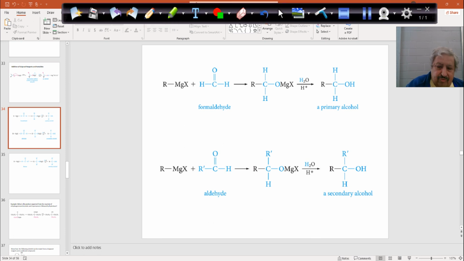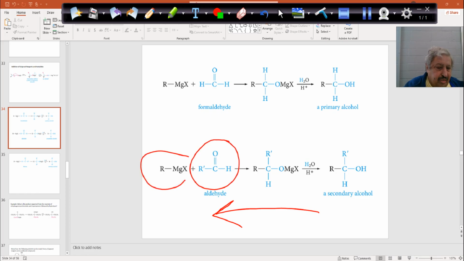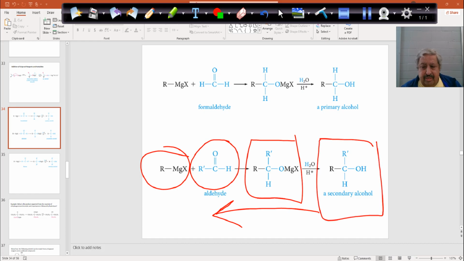Here the reaction goes reverse. So I don't want you to memorize this aldehyde or ketones with this Grignard reagent. You get this intermediate complex, and then you get up to secondary alcohol, correct? So that will be the chapter, that's it. No memorization of mechanism. I'm not asking any mechanism.